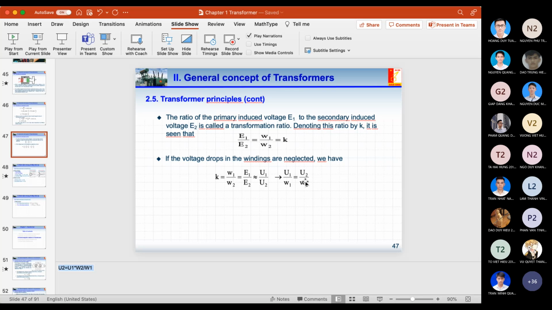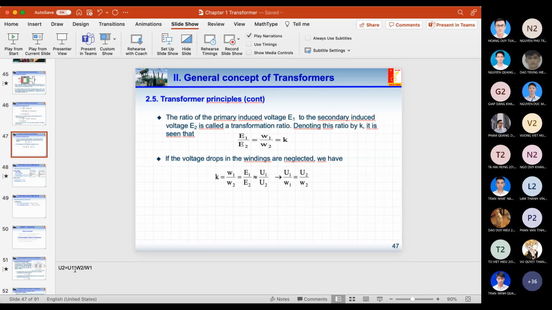Yes, have a look at the slide. Have a look at this expression. I transformed it from this one to that one. You can see U2 is equal to U1 multiplied by a fraction like this.